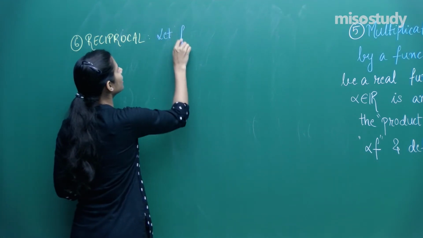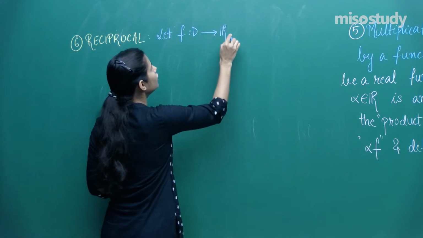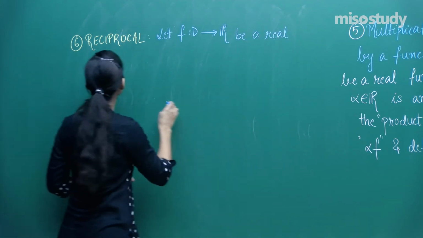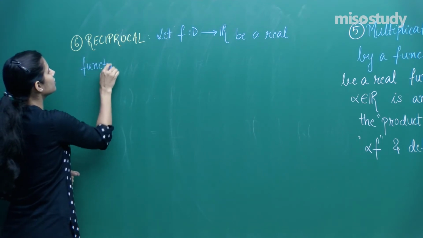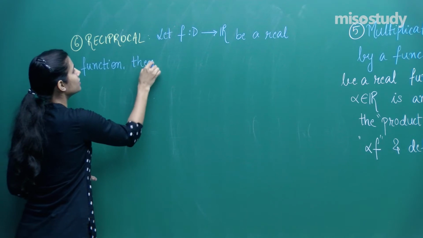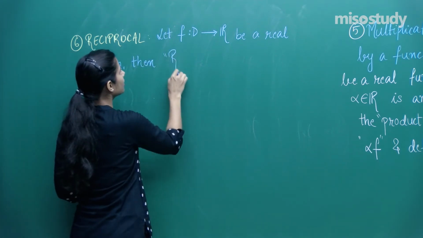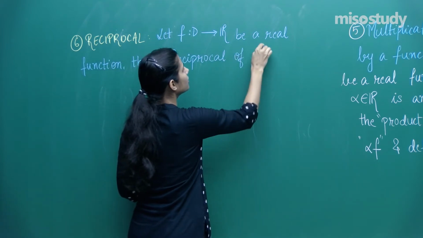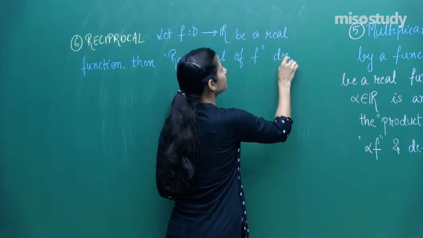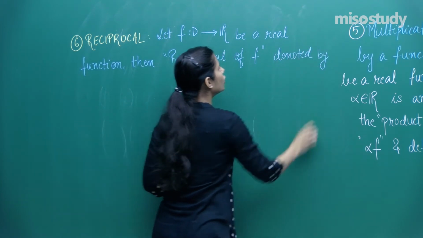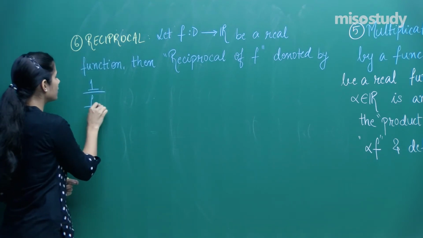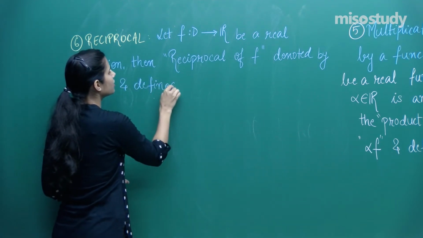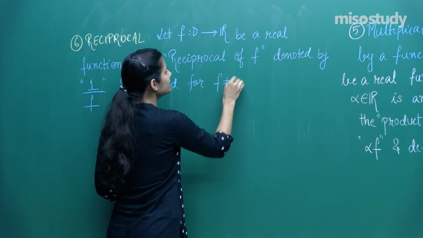Let f from D to R be a real function. Then reciprocal of f, denoted by one upon f, is defined for f non-zero.